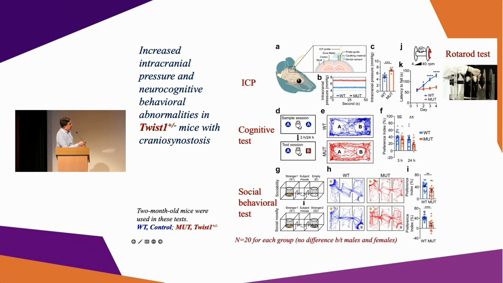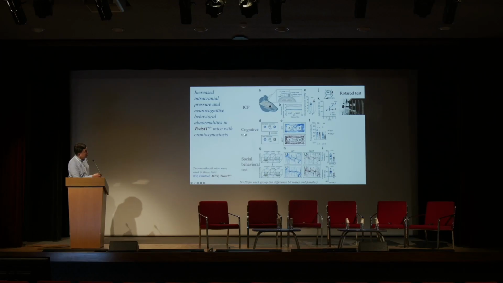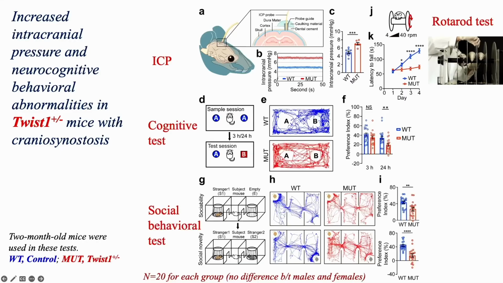As you can see, the TWIST1 mutant has an elevated intracranial pressure in comparison to the control. And if you do a cognitive test, such as putting a mouse in a chamber and placing a new object, you see how well this mouse will try to interact with this new object.